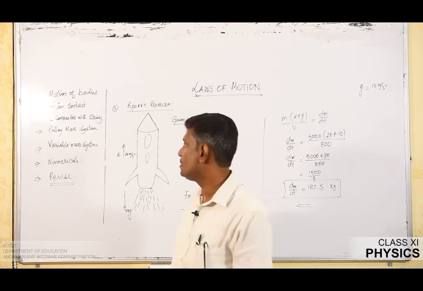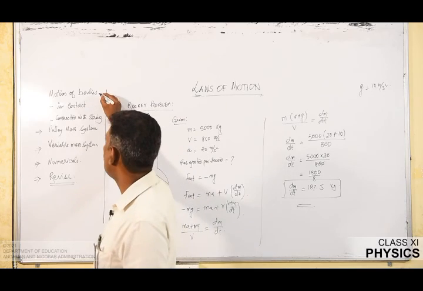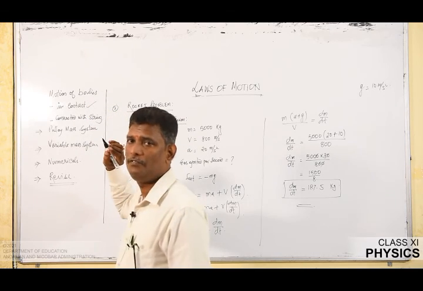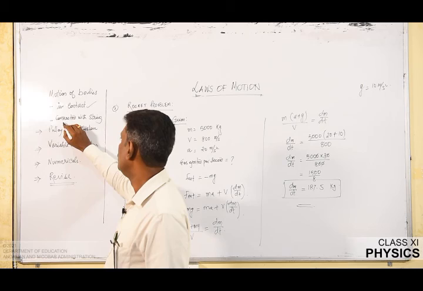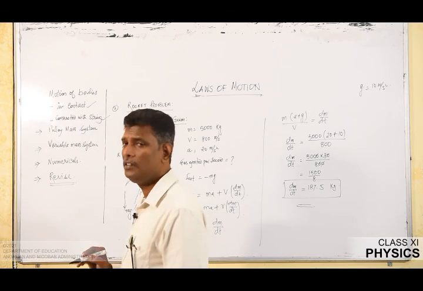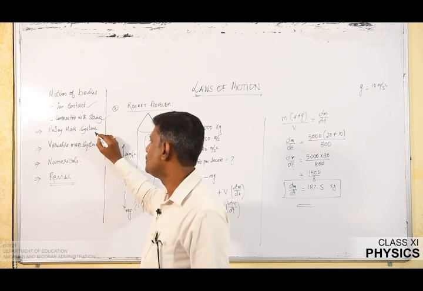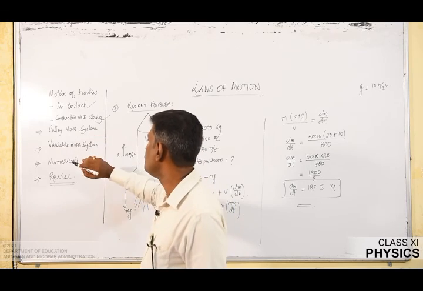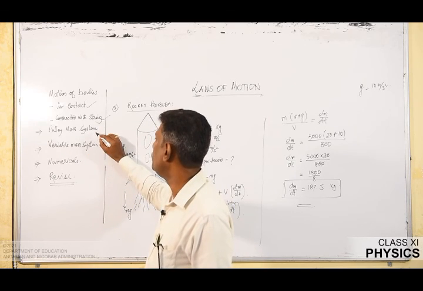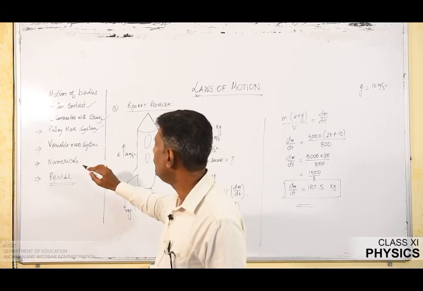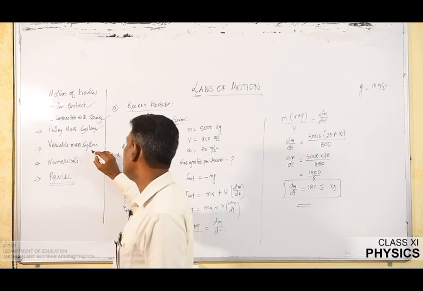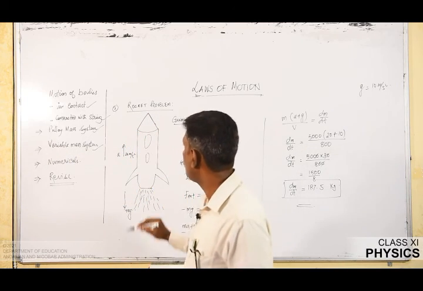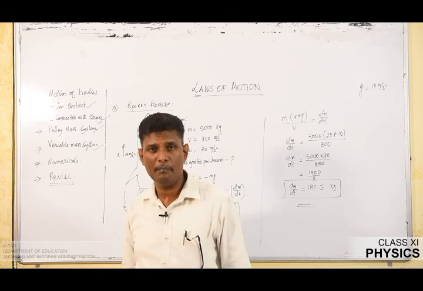So, in today's class we have seen motion of bodies in contact and connected with a string, and pulley mass systems, on which basis we have solved 2-3 questions, and finally we have seen variable mass systems also, that is the rocket problem and the conveyor belt question.